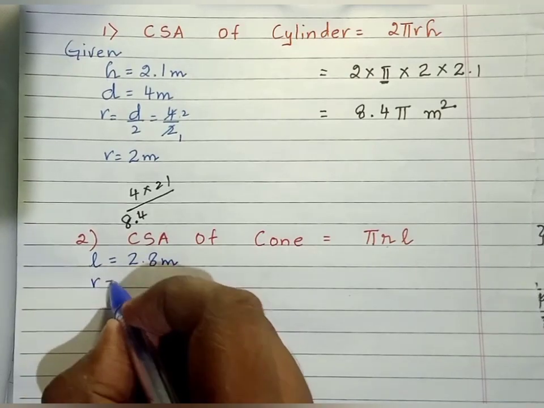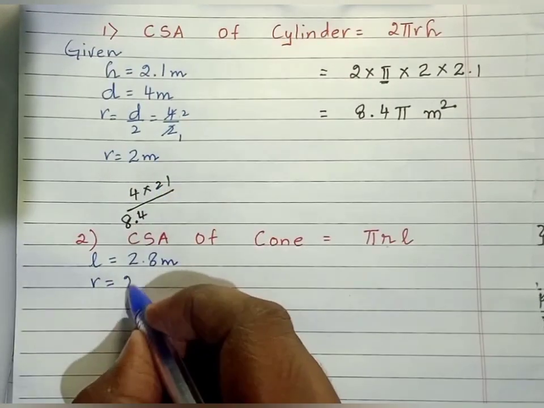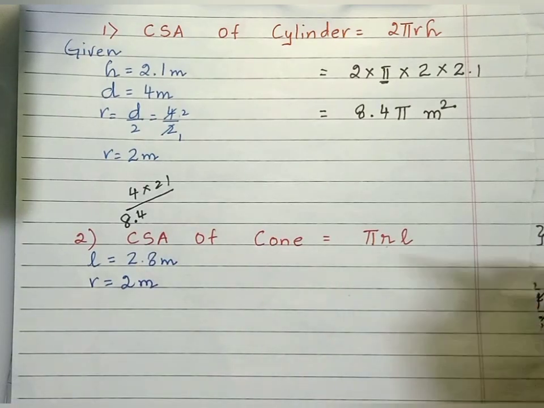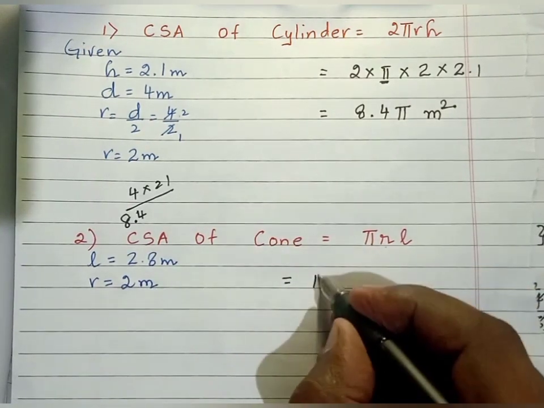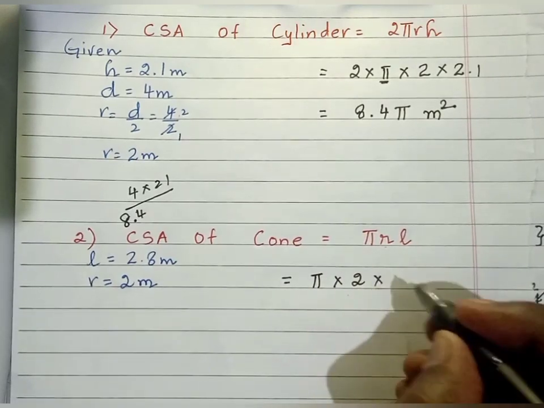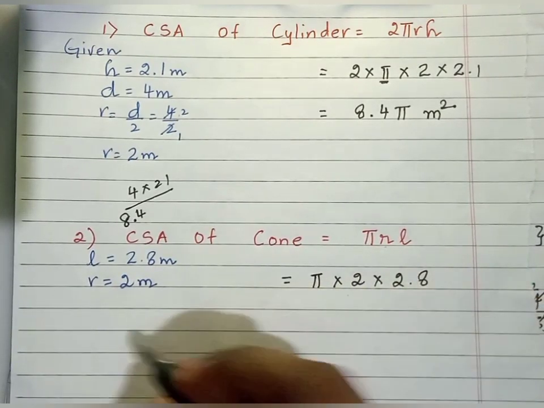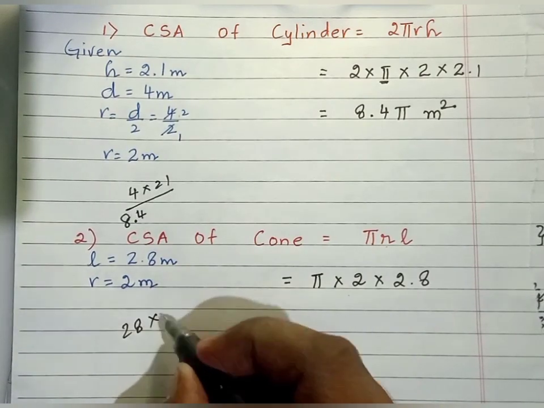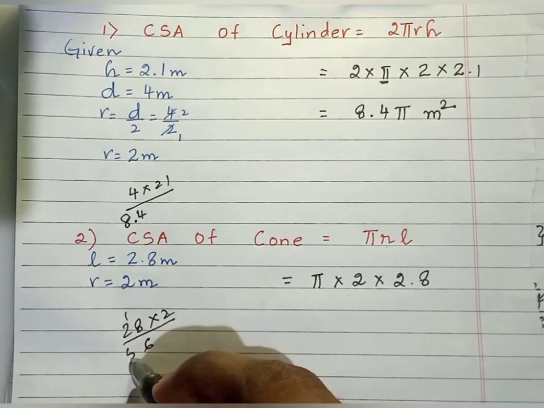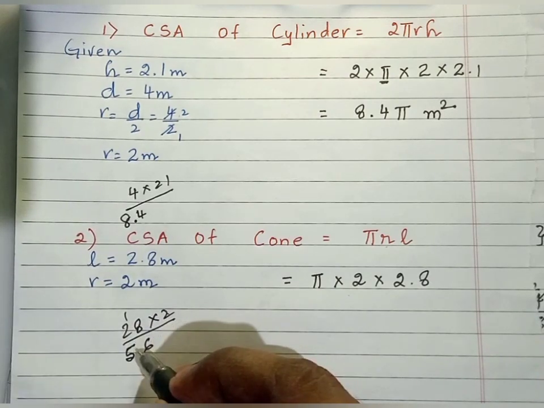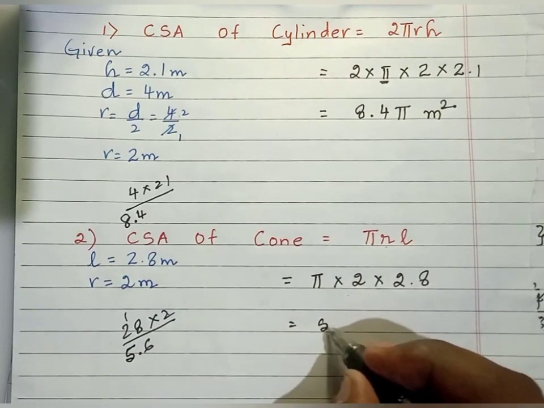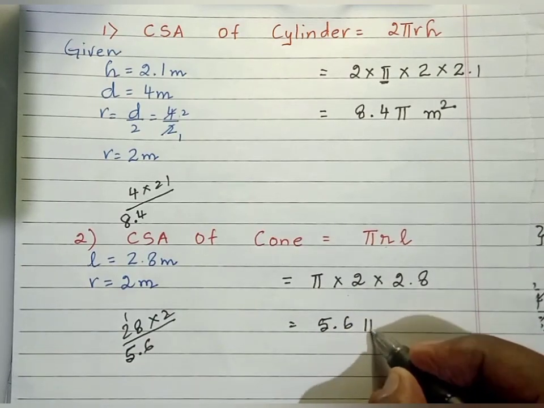Now pi as it is, into radius 2, into slant height 2.8. Multiply 2 into 2.8, you will get 5.6. So 5.6 pi meter square.